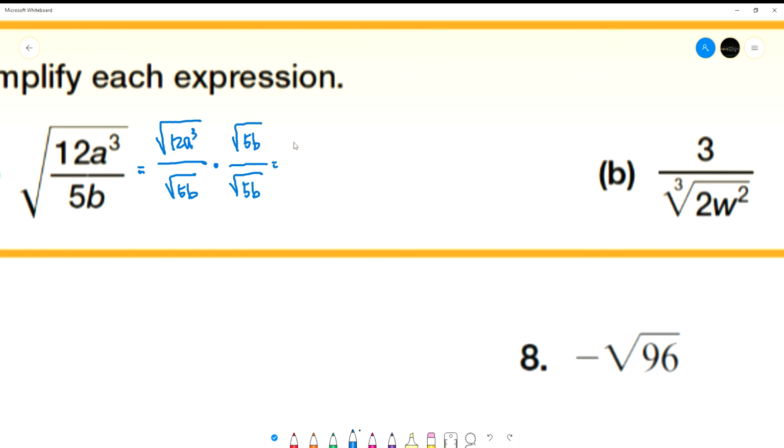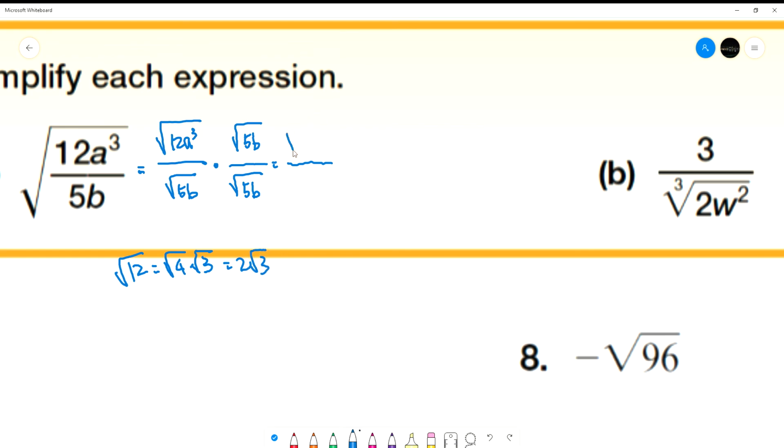The numerator, you can combine them first and then work the other way, but I like to just do the separating, because I see 5 is a prime number. Nothing divides into that. The 12 becomes 4 times 3, so I can think of the 12 as root 4 times root 3, which is 2 root 3.